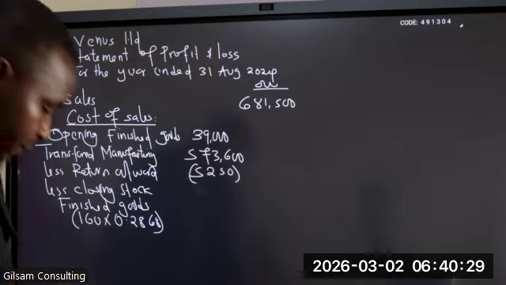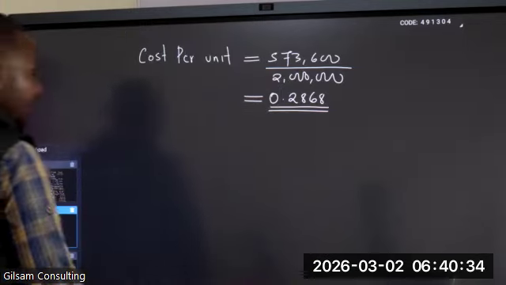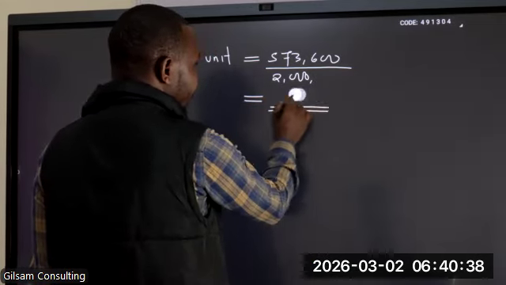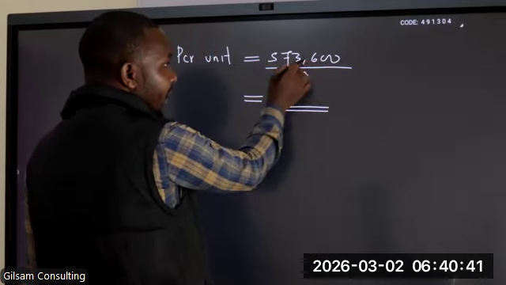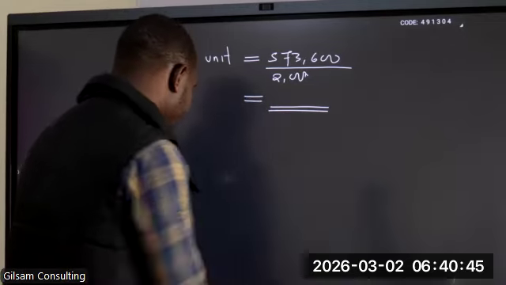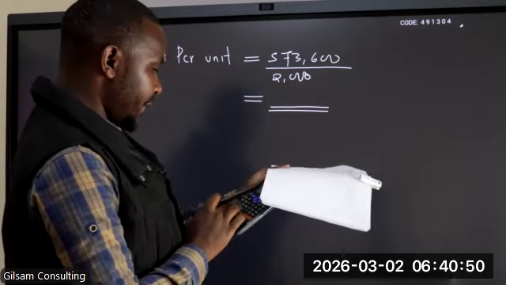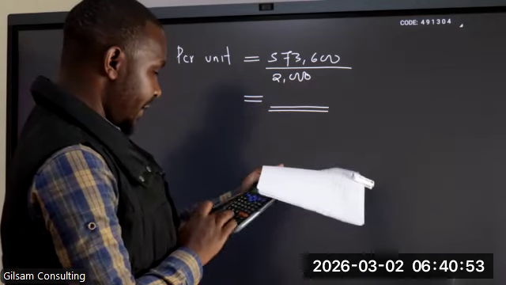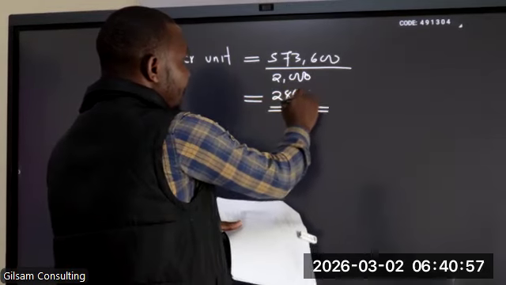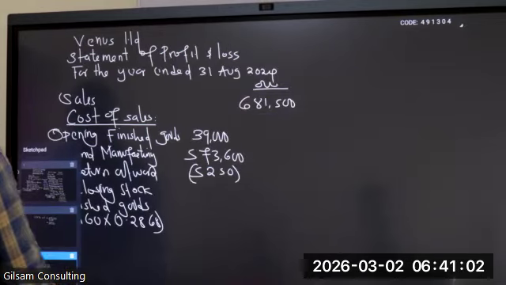No, this cost per unit, because we had other three zeros, we divide by three zeros, because this one we have already cut the zeros. So we divide by 2,000, not 2 million. 573,600 divided by 2,000 will give us 286.8.